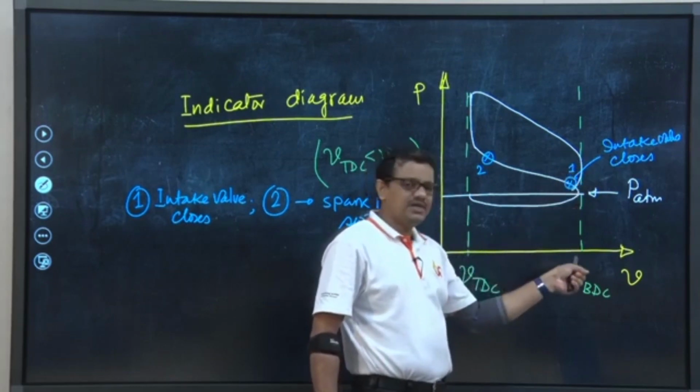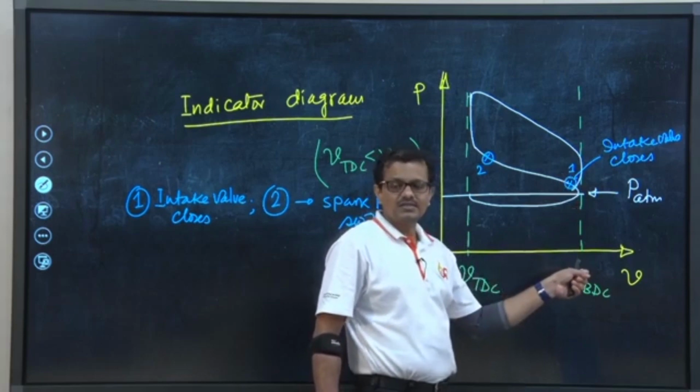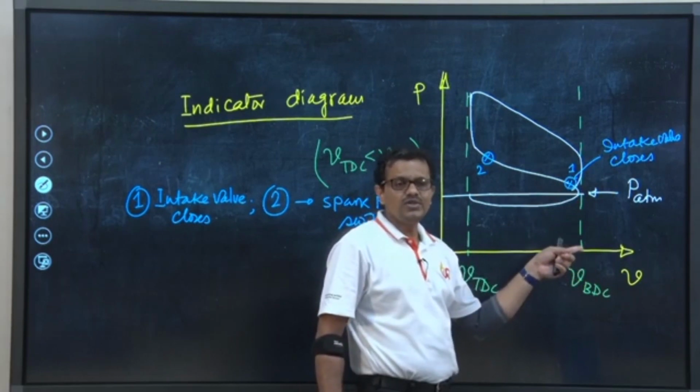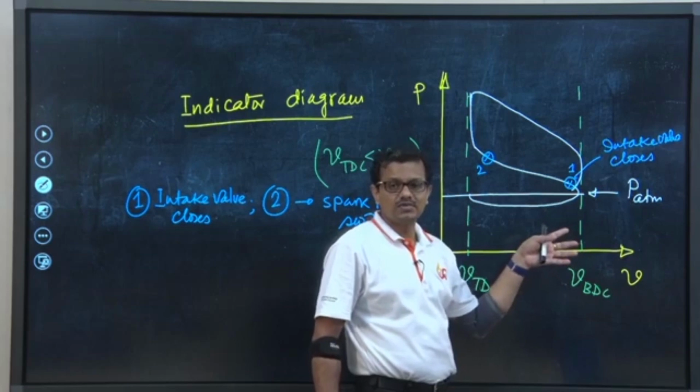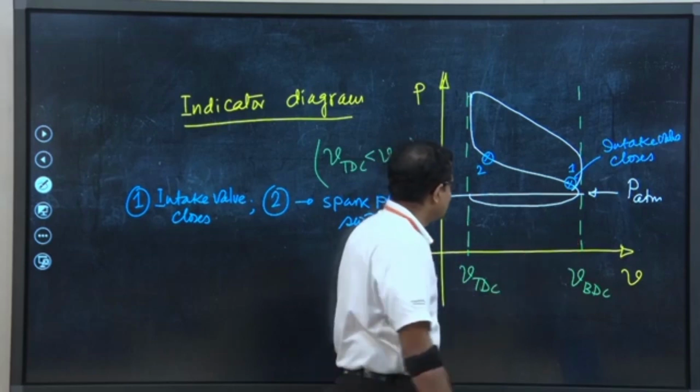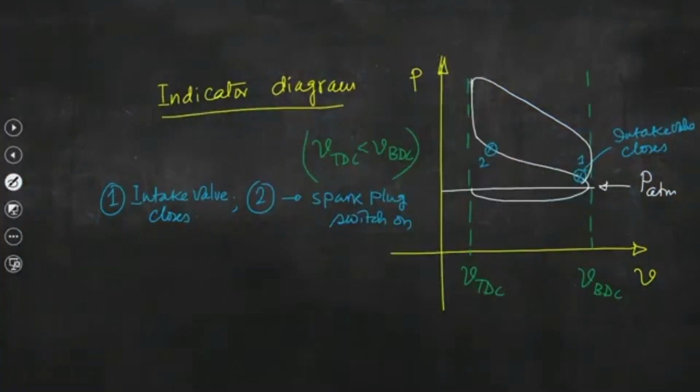Now piston is at BDC, next stroke is exhaust. So, we need to open the exhaust valve. So, you know that again piston will travel from BDC to TDC.